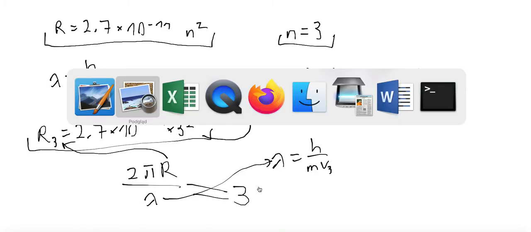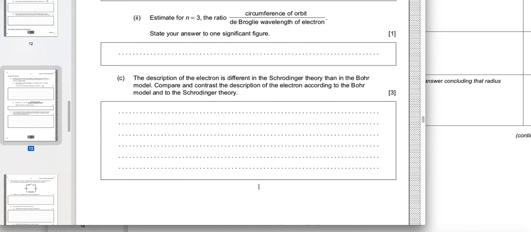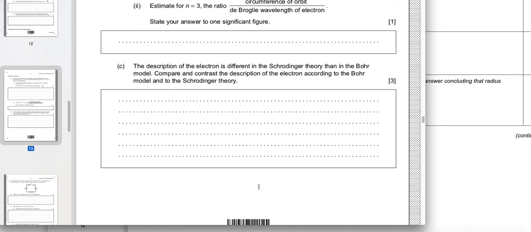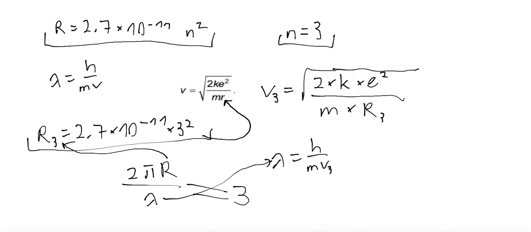Okay? And next, the description of the electron is different in Schrödinger theory and the Bohr model. Compare and contrast the description of the electron according to the Bohr model and the Schrödinger theory. So the best is to use the fact that in the Bohr model, the electron can be localized. The electron has a mass and speed and occupies a certain orbit.